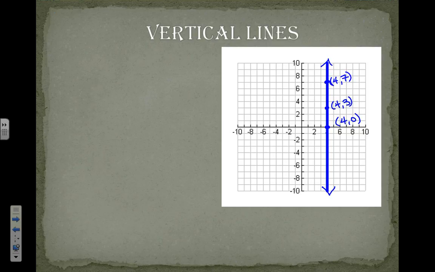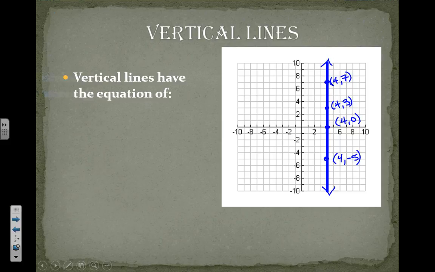I could go into the negatives and have (4, -5). Hopefully you're starting to see that this time it's not my y's that are the same, it's all my x's. So vertical lines have the equation of x equals a number.